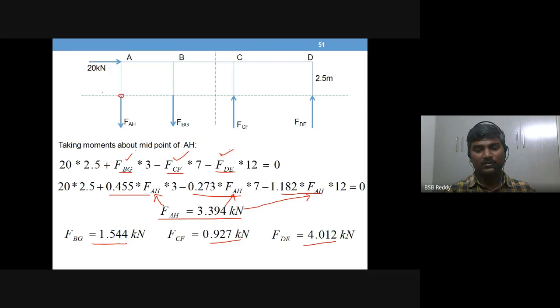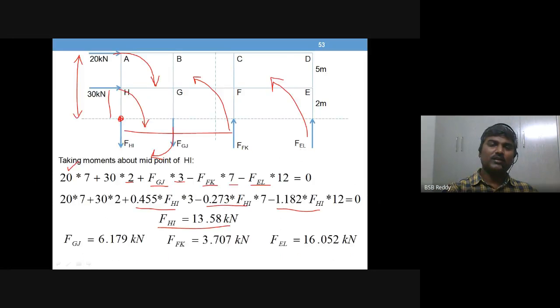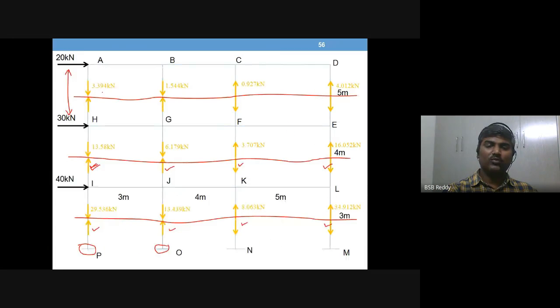Then we solve for the axial loads. Likewise, each story you have to take, then complete all the stories, then represent all these values with their counterpart arrows also. Okay, for equilibrium, right? So that's the end of step 1.